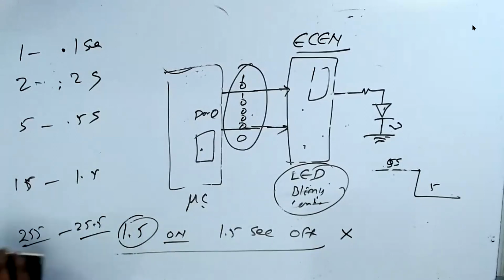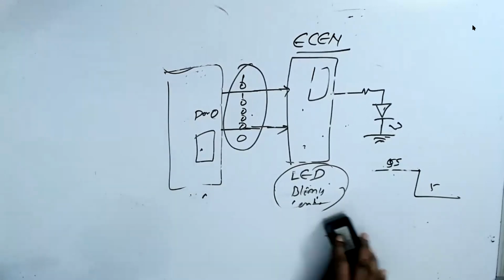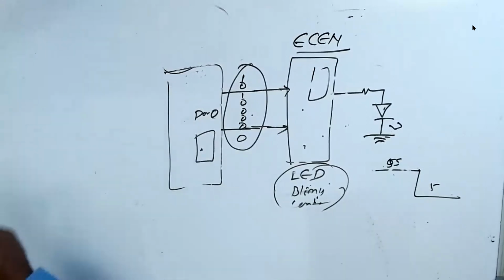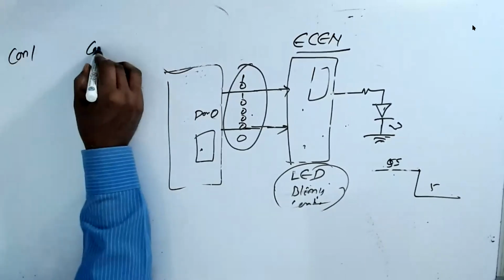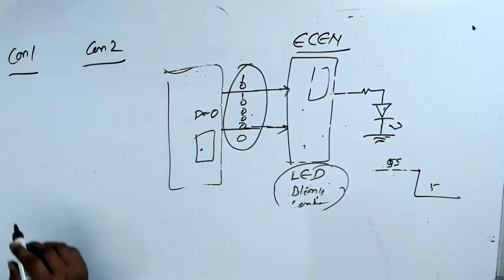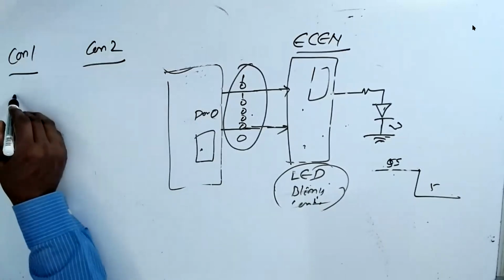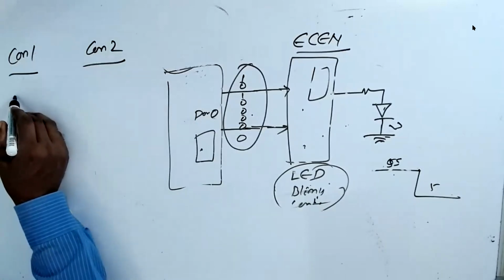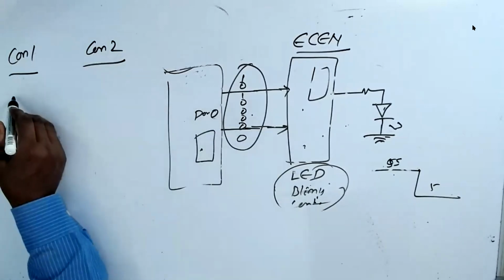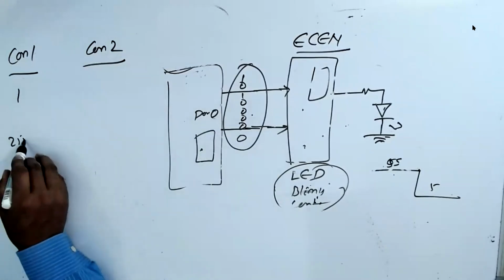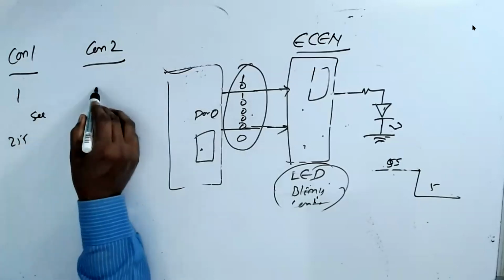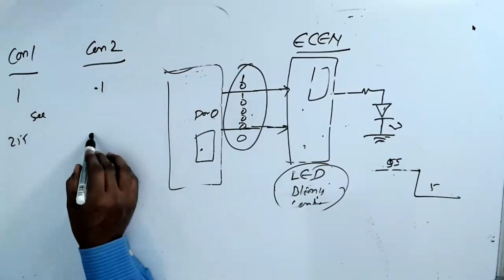See, understand, there are 2 types of controllers available: controller 1 and controller 2. In controller 1, the range is 1 to 255 seconds; in the other, it is 0.1 second to 25.5 seconds.